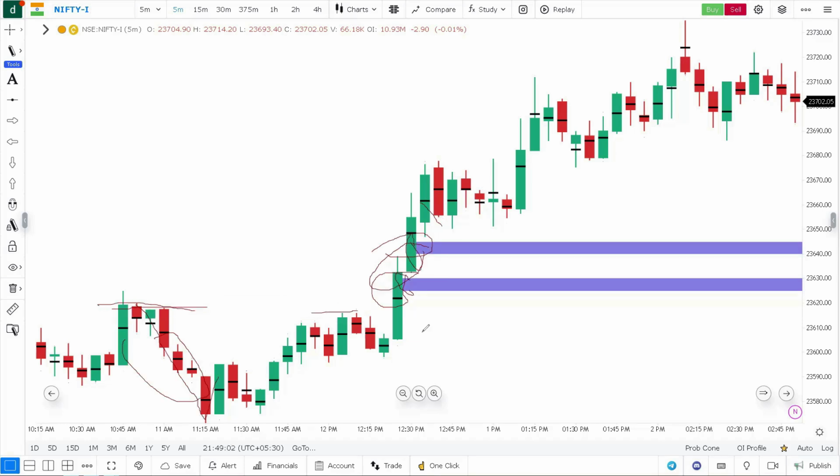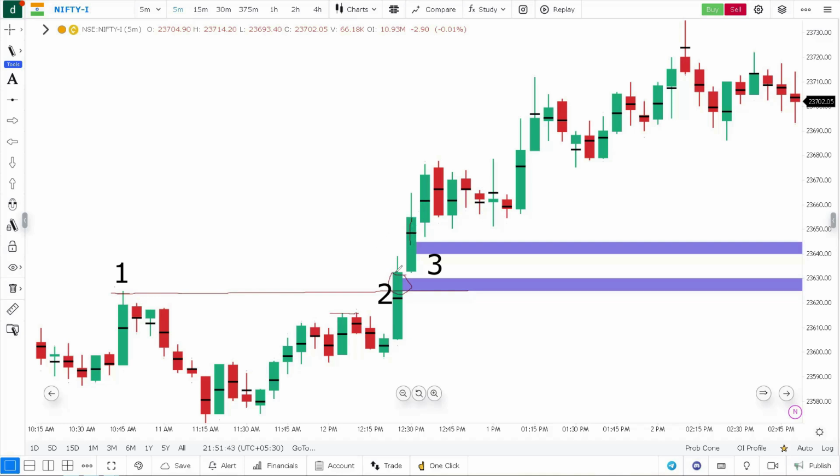So what is the significance of these fair value gaps? They can provide you swing opportunities as well as intraday opportunities. Now, how do we identify these fair value gaps? You need at least three candles around this area. There was a high, so this we can call one candle. The candle which has run away from the previous high, we can call the second candle, and then the third candle.